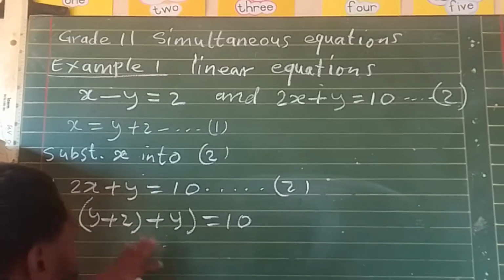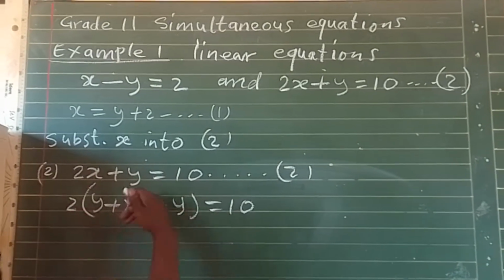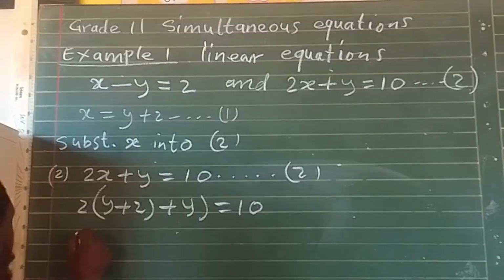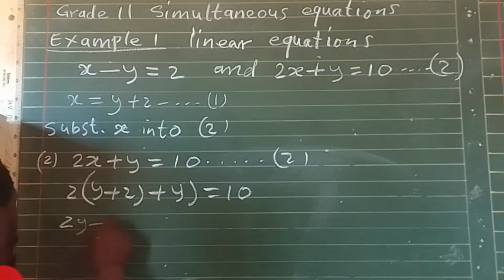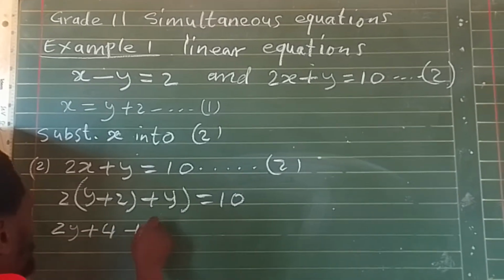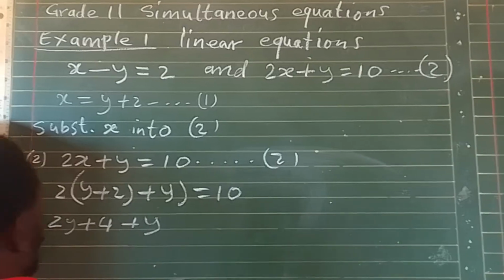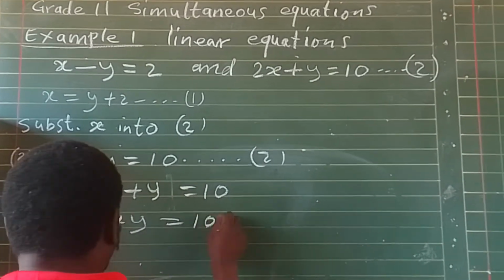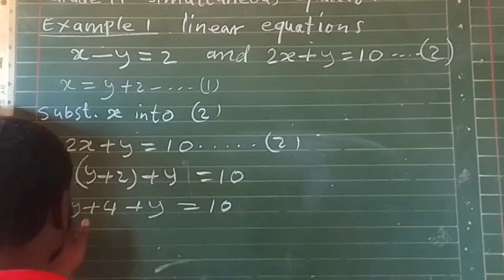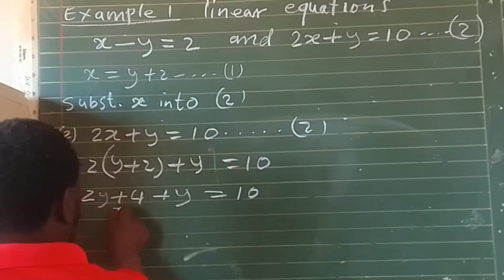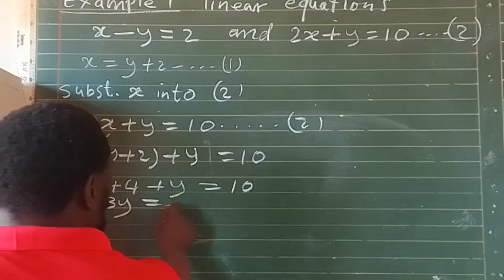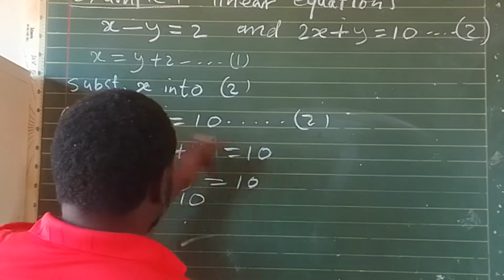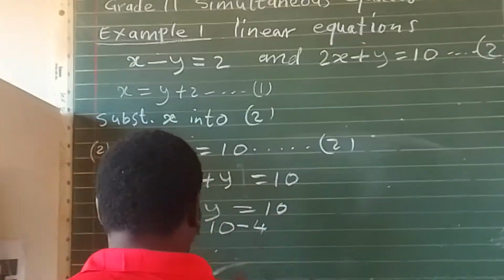Right, you distribute your 2 in the bracket, you find 2y plus 4 plus y equals to 10. You arrange the like terms, 2 plus 1 is 3y is equals to 10 minus 4.